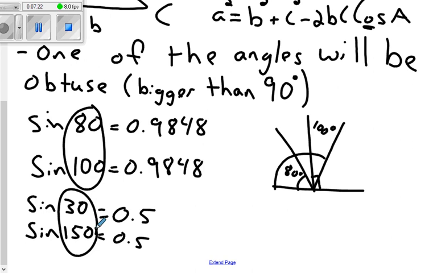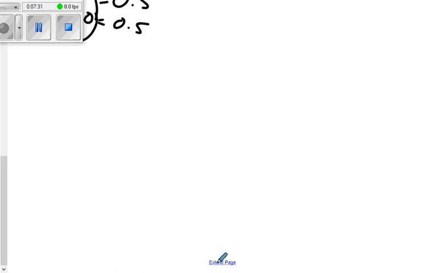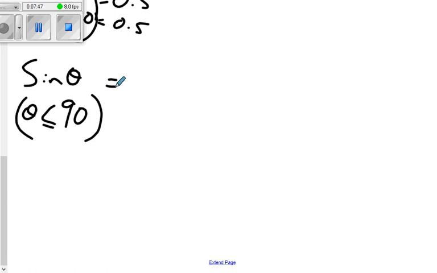So sine for any angle works like this: you take the sine of any angle, making sure your angle is less than or equal to 90 degrees, and that's going to equal sine of 180 minus that angle.